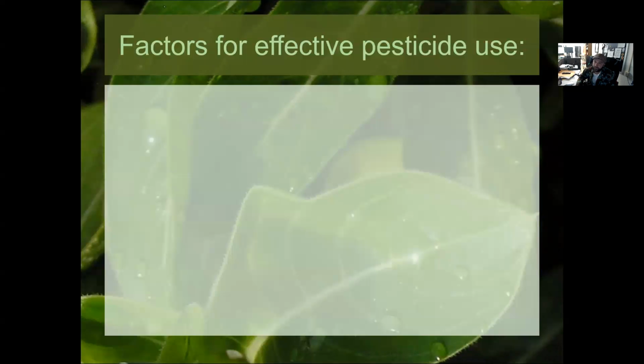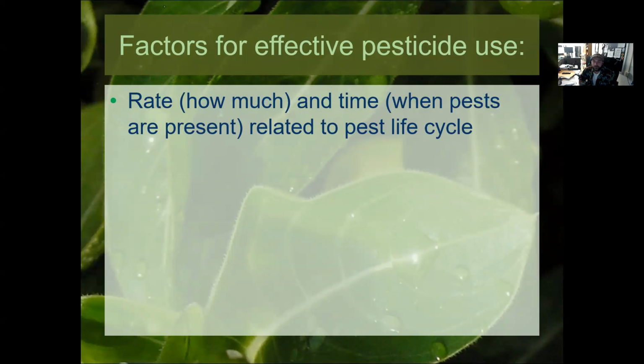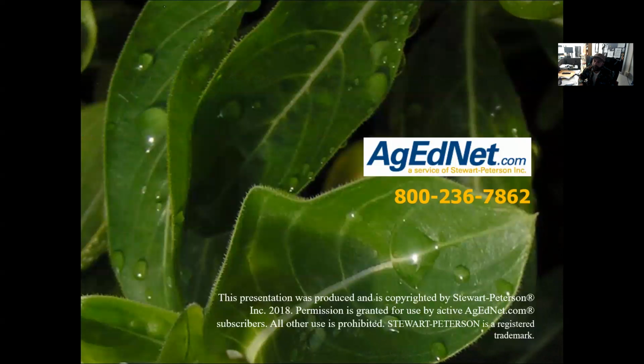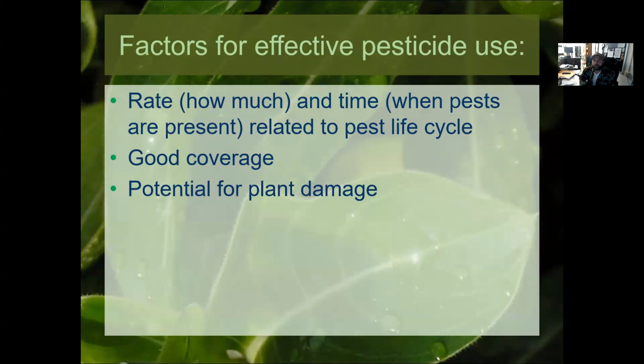Factors for effective pesticide use: rate and time are related to the pest life cycle, good coverage, potential for damage. Let's go back for a second. Talking about the factors for effective pesticide use, like I've been saying this entire time, you want to make sure you're rotating your products, because if you're using the same thing over and over again, they're going to build a resistance.